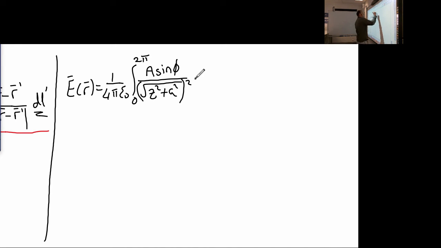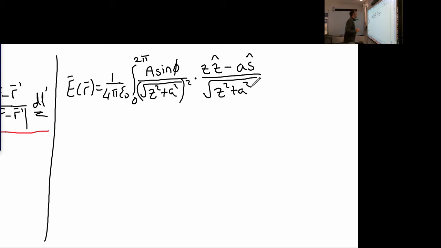Then our unit vector, so we have z hat minus a s hat over square root of a squared plus z squared. And here we have a d phi prime.